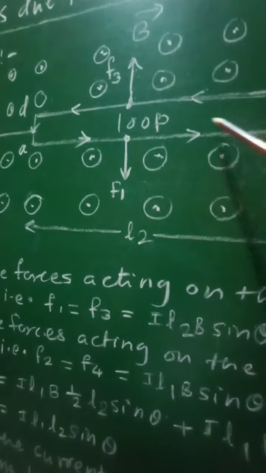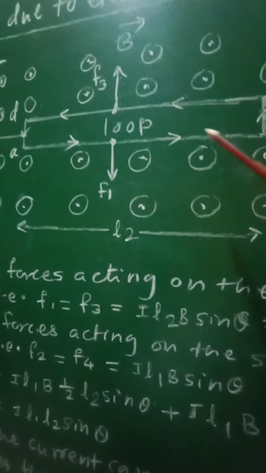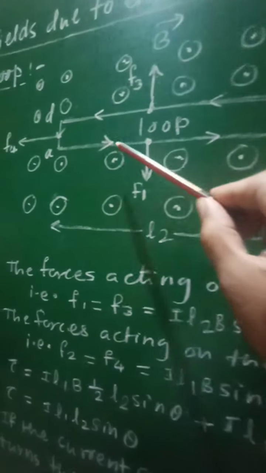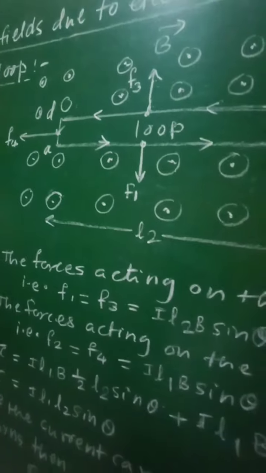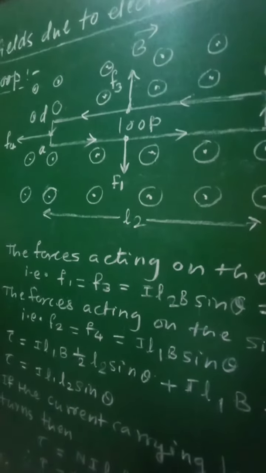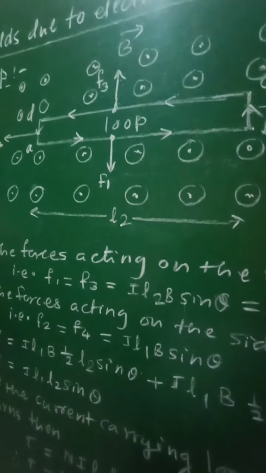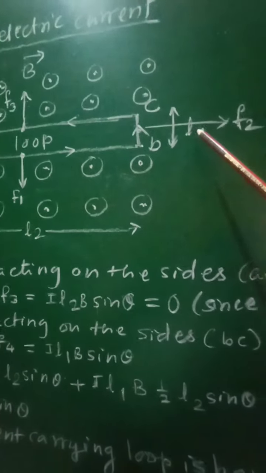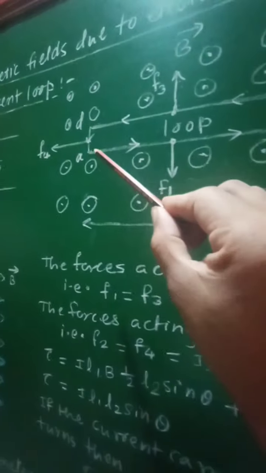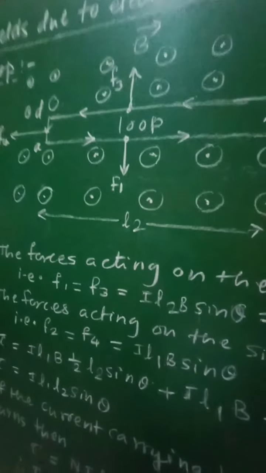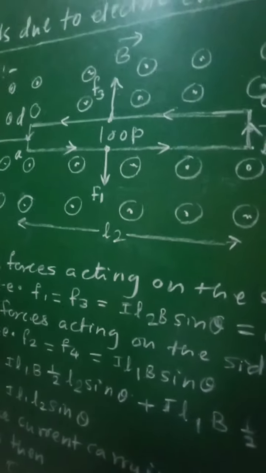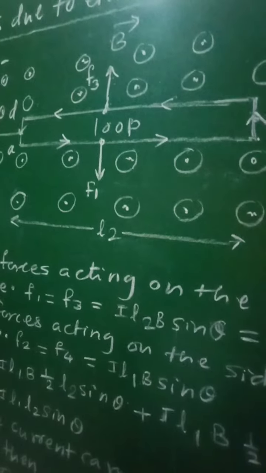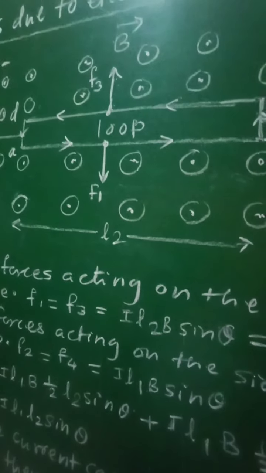Now in this case, forces will be acting on all the sides because all four sides of that rectangular loop are now perpendicular to the direction of magnetic field. Let F1, F2, F3 and F4 be the forces acting on the sides AB, BC, CD and AD of that rectangular loop.